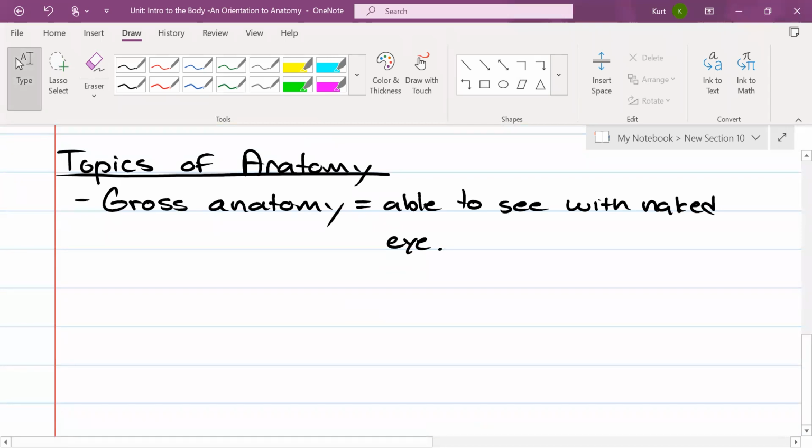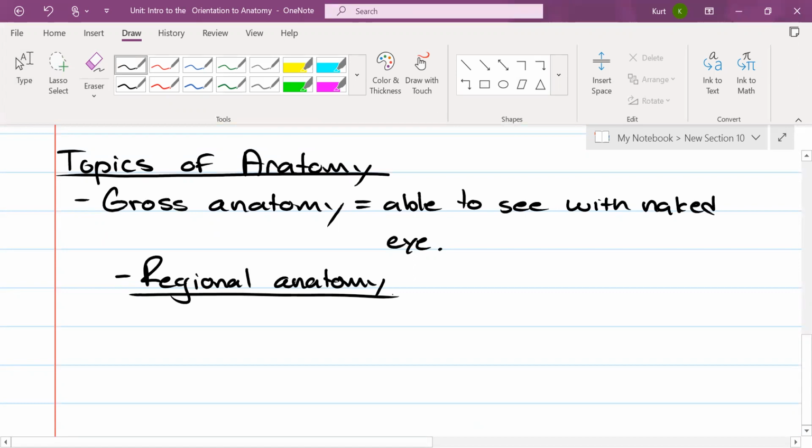There's several different types of gross anatomy. We have regional anatomy. This is when you're looking at a certain area, like the shoulder or the chest. Regional anatomy is just going to be focus upon a specific area.